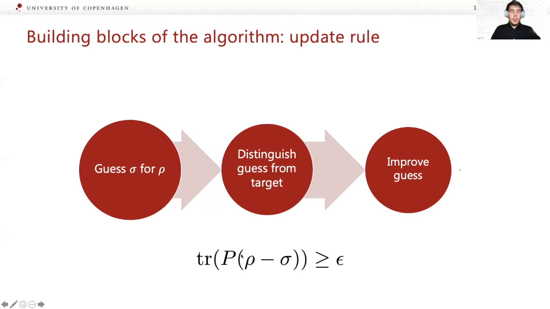Well, we get some bounded observable P, such that the expectation values of rho and sigma under P differ by at least epsilon. That's what it means to have a way of distinguishing two quantum states up to epsilon. And then we're going to use this information that we're able to distinguish the target state from our current guess to actually improve our guess for what the state actually is.